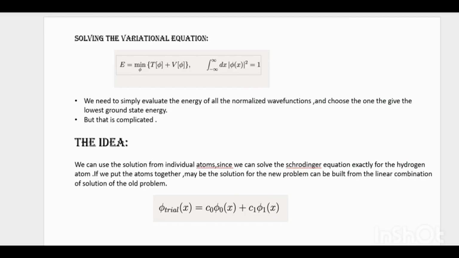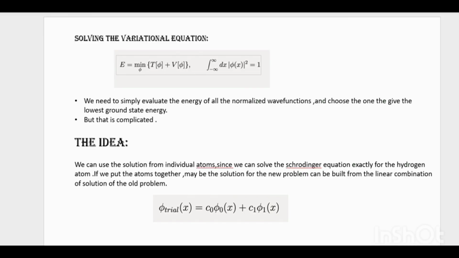So if we join all those one electron problems, the linear combination of the solutions of the already known wave functions can give us the solution for the new problem.